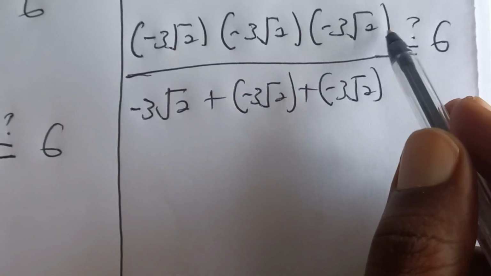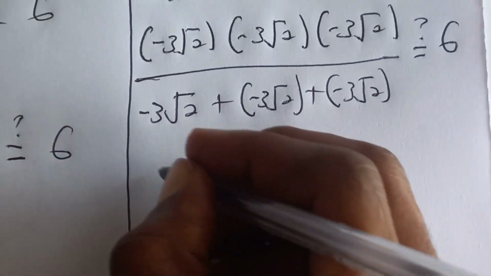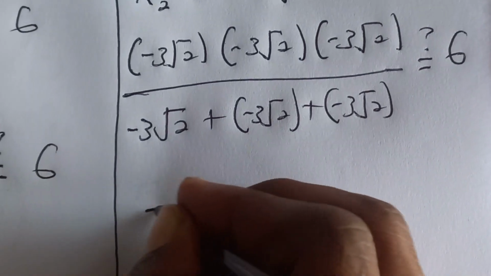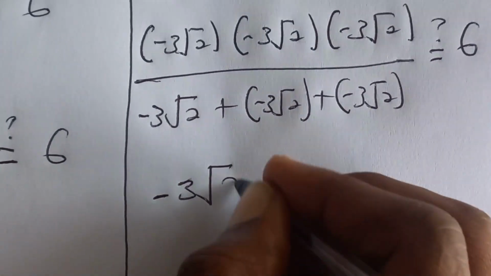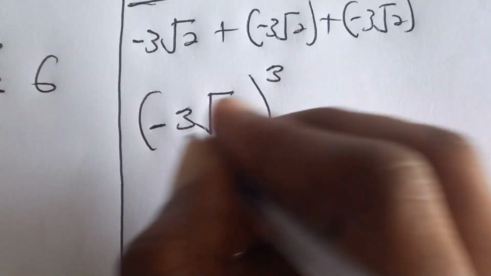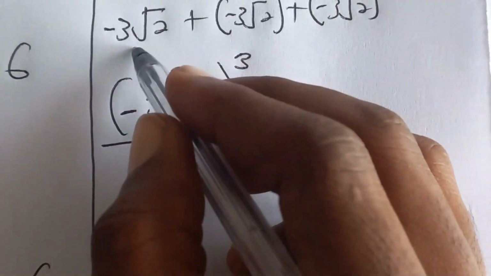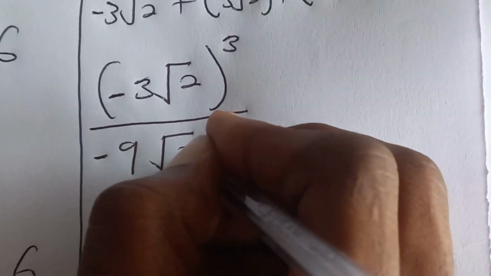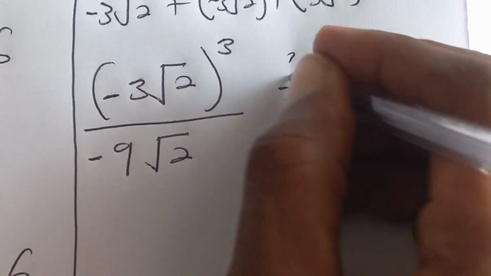When you simplify this, it will be negative 3 root 2 into bracket exponent 3, on this one it will be negative 9 root 2, and is equal to 6.